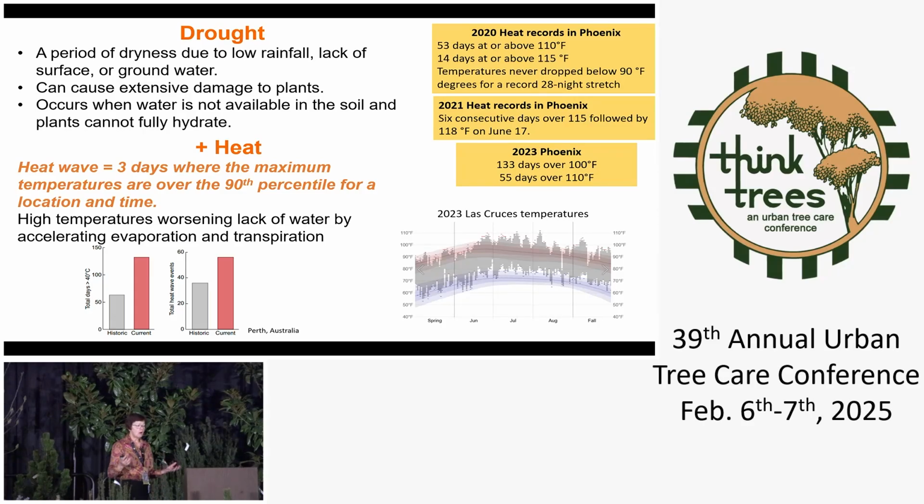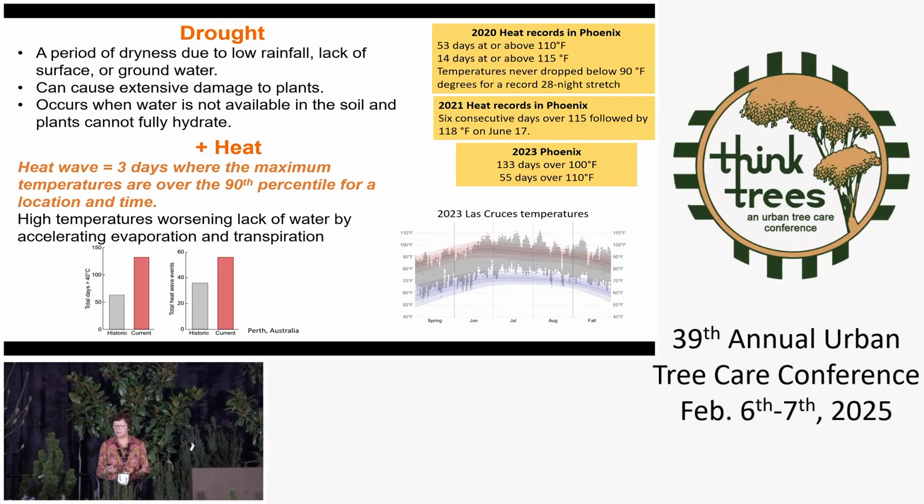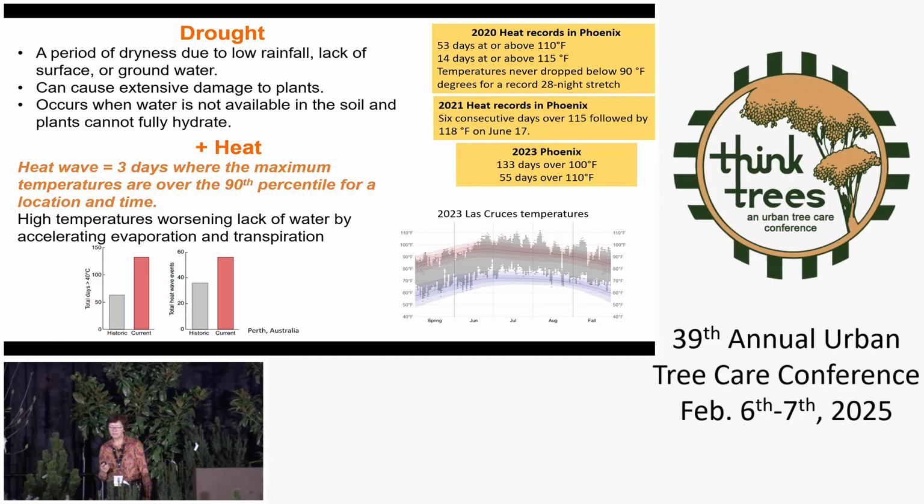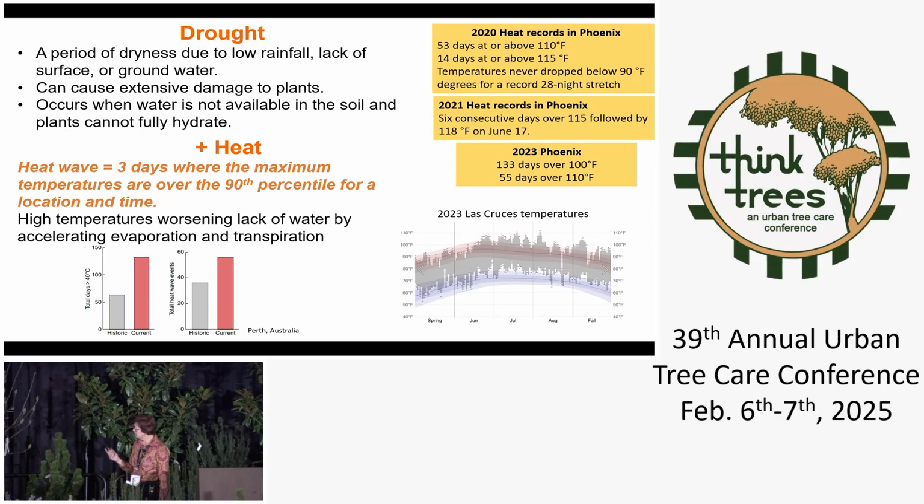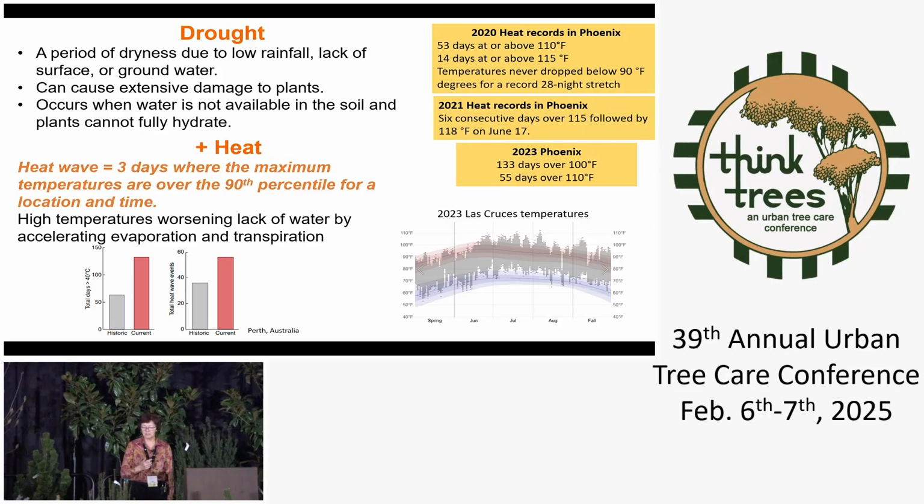And of course, all the people who are working outside in the green industry or sometimes in the greenhouses, it's a very treacherous line of work if you don't know how to essentially pace yourself, how to spot trouble, and how to keep yourself well hydrated. So Phoenix has a lot of heat records, and then on the bottom right, you have the information for Las Cruces. 2023 was a little hotter than 2024.